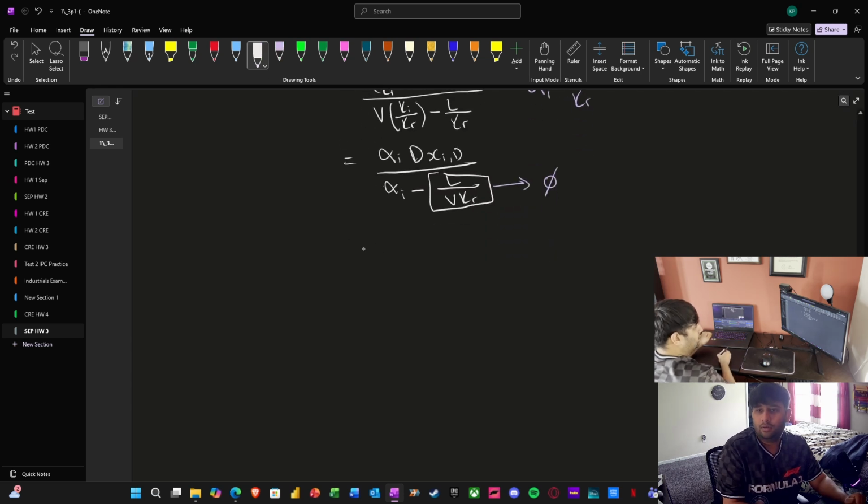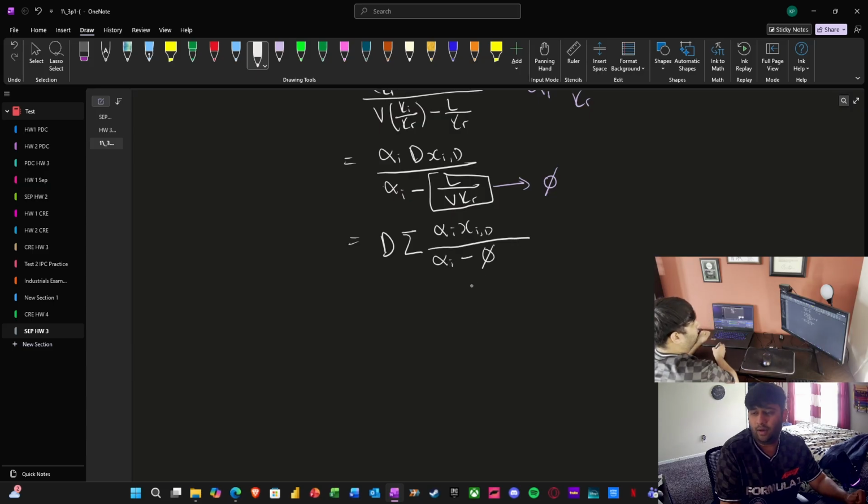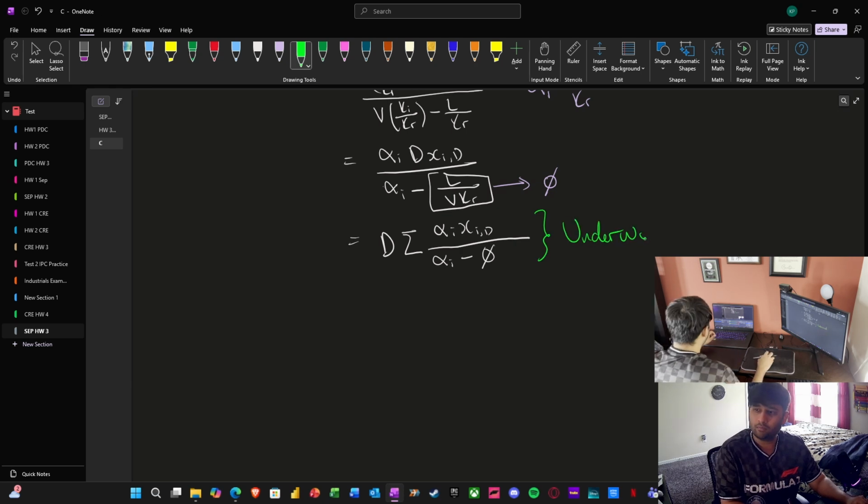So what we get is, we're taking the sum of our alpha times xi d over our alpha i minus phi. So this right here is our Underwood equation.